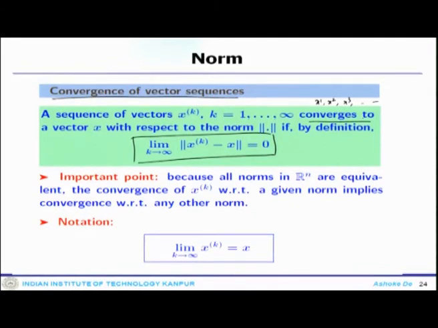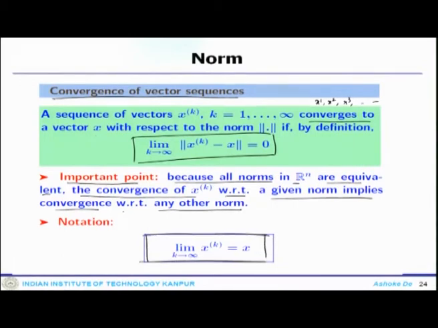Now, the important point here is that because all norms in Rn are equivalent, the convergence of x_k with respect to a given norm implies convergence with respect to any other norm. This is written like this: the limit as k tends to infinity of x to the power k equals x. As we go along with these properties and the norm calculation, one property after another uses the previous information.